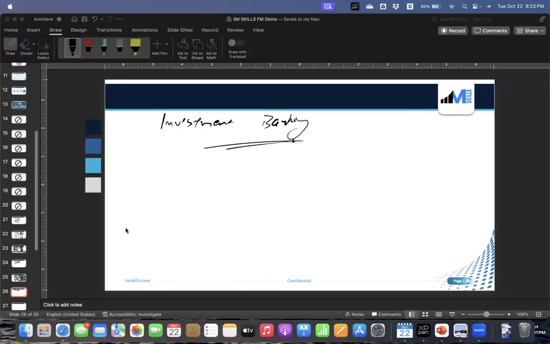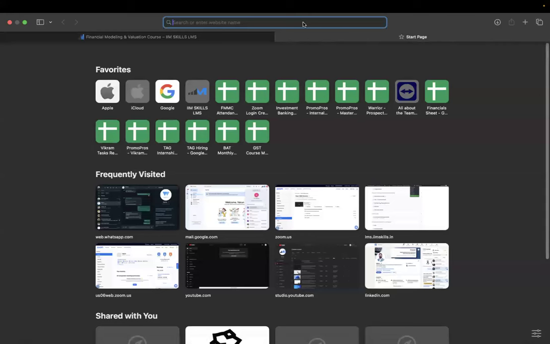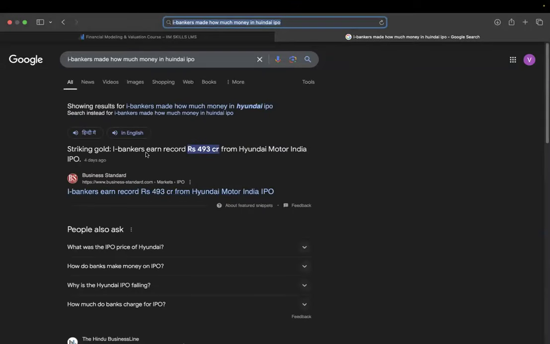I'm gonna share my screen again. You can see the browser on my screen. iBankers earned a record 493 crore from the Hyundai IPO.